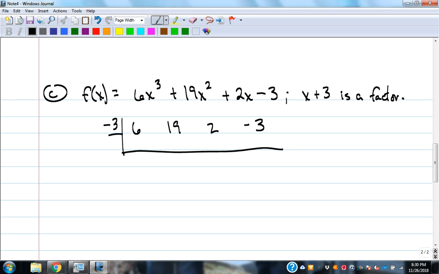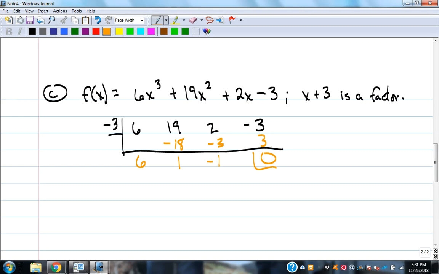Drop the 6. Drop that 6 down. That gives us 1. There's negative 3. That's negative 1. That's positive 3. And I got a 0 in the remainder. That should not be a surprise. We should be happy. That means we did everything correctly on that.